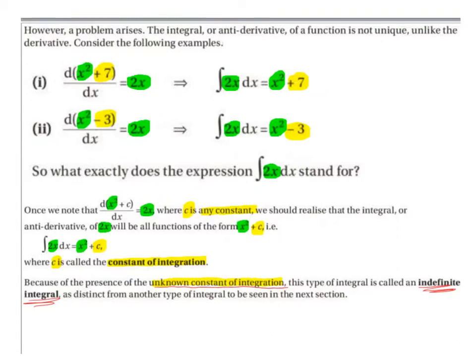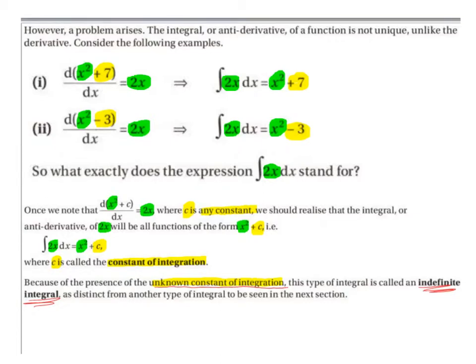Consider the following examples. In example 1, d/dx of x squared plus 7 equals 2x. So the derivative of x squared plus 7 is 2x. Therefore, the integral of 2x dx, or the integral of 2x with respect to x, is equal to x squared plus 7. In example 2, d/dx of x squared minus 3 also equals 2x, just as above.